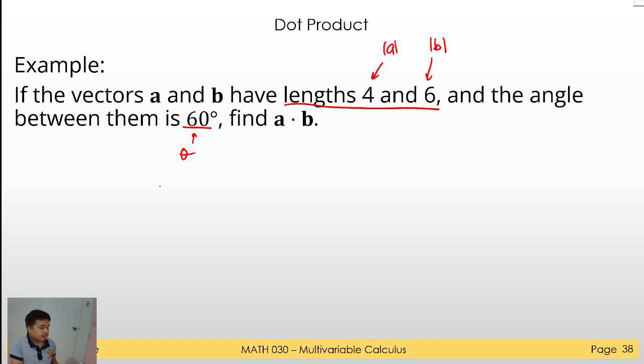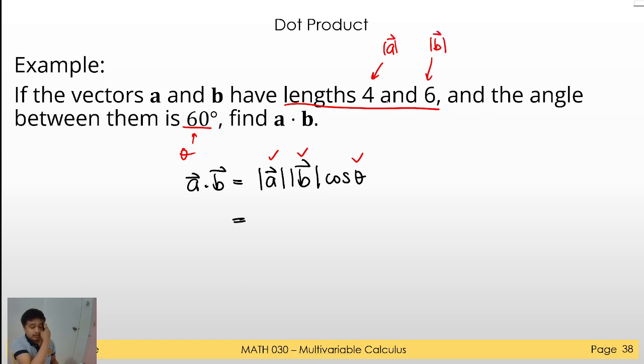Therefore, the dot product of a and b is equal to the length of a times the length of b cosine theta, and we have all of this given. So this will be 4 times 6 times cosine 60 degrees. Now this will be equal to 24 times cosine 60 degrees.